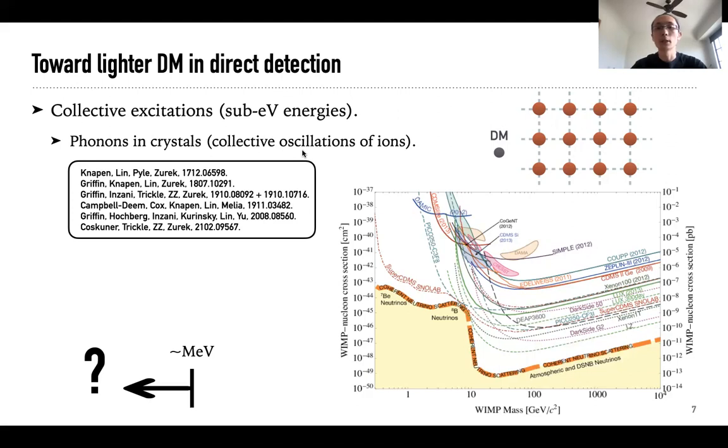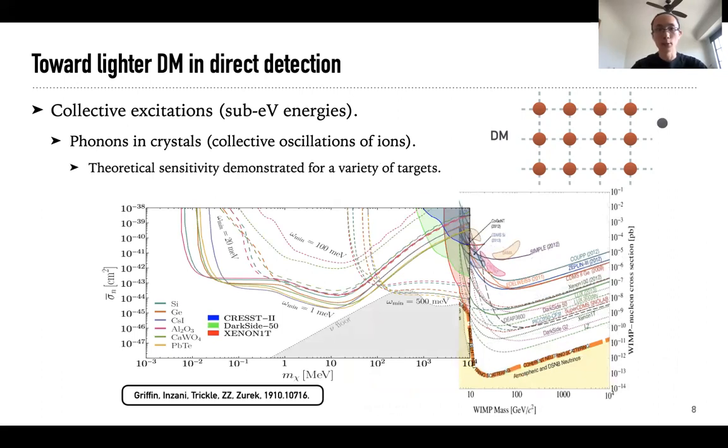These are the collective oscillation modes of the ions that are at sub-eV energies. Here I'm showing a cartoon. The dark matter comes in, and instead of interacting with an individual nucleus or atom, it interacts with the entire crystal and can deposit a very small amount of energy and excite such a collective mode, which is a phonon mode. This is something that has been studied relatively recently, including by myself.